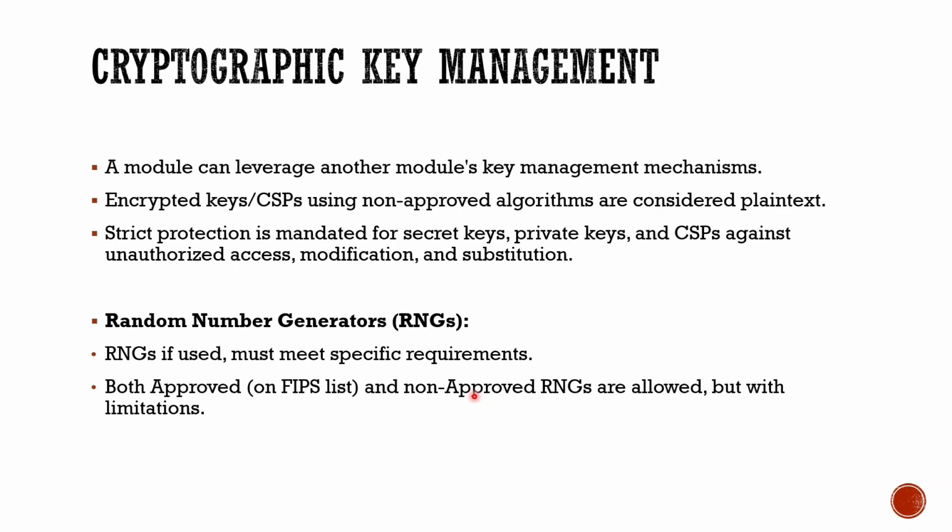The non-approved random number generators for classified applications can be used for key generation or seeding. The commercially available non-deterministic random number generators can be used to generate seeds for approved deterministic random number generators, but they must comply with the applicable random number generator requirements.